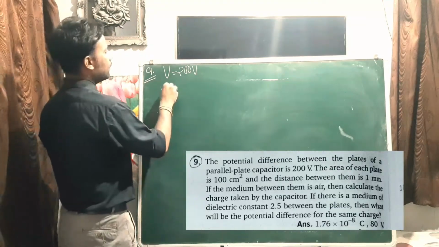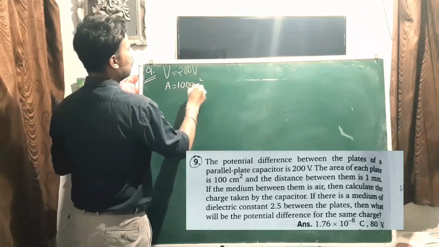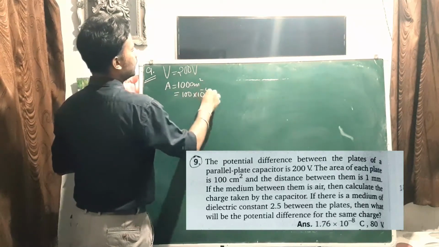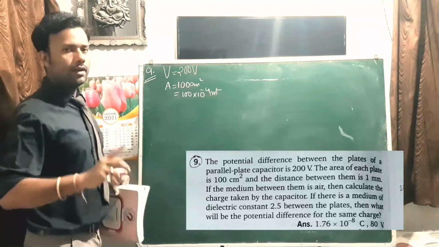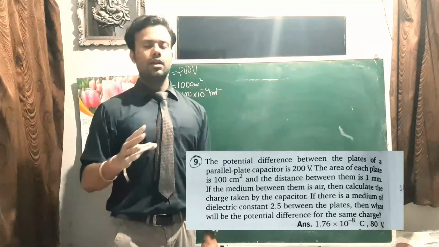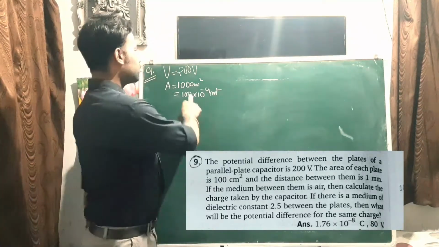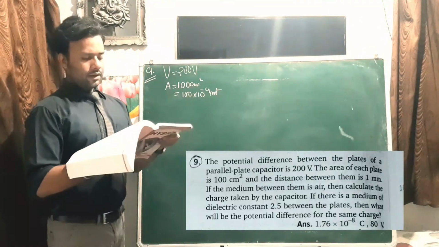So the overlapped area will be the same, that will be 100 centimeter square, or we can write it as 100 into 10 to the power minus 4 meter square. Why? Obviously, 1 centimeter is 10 to the power minus 2 meter, so centimeter square is 10 to the power minus 4.